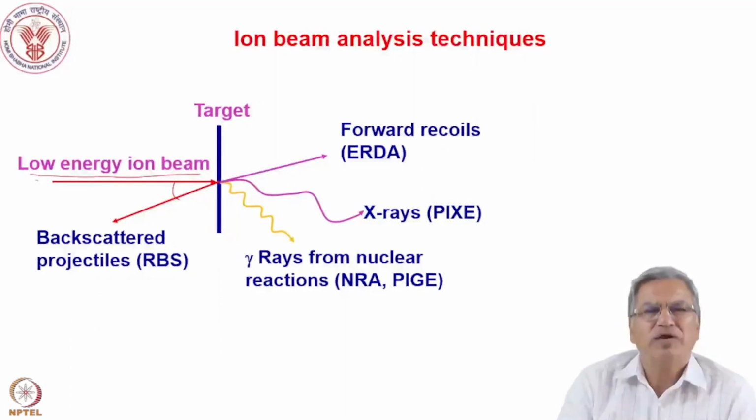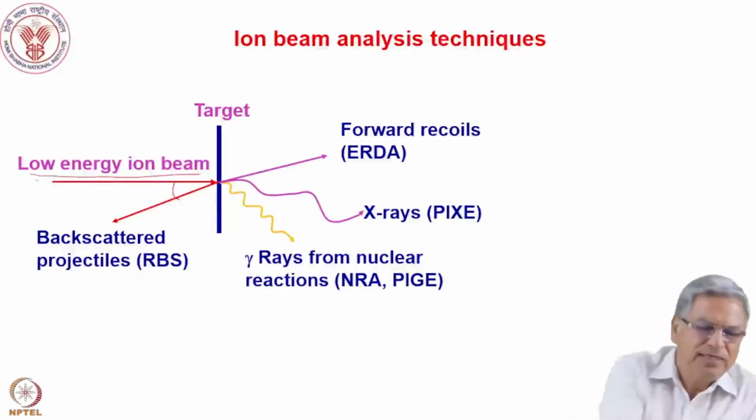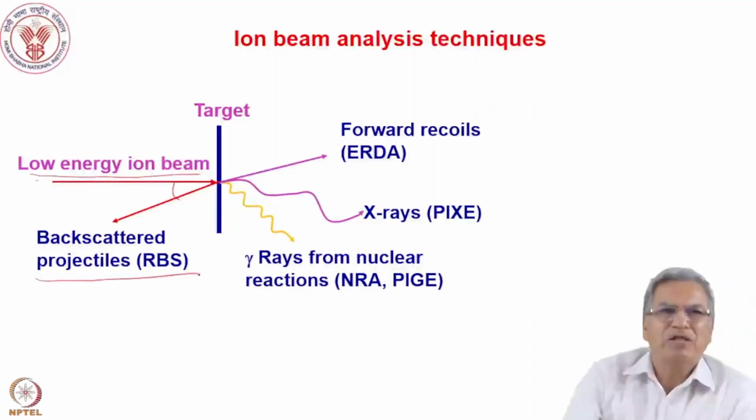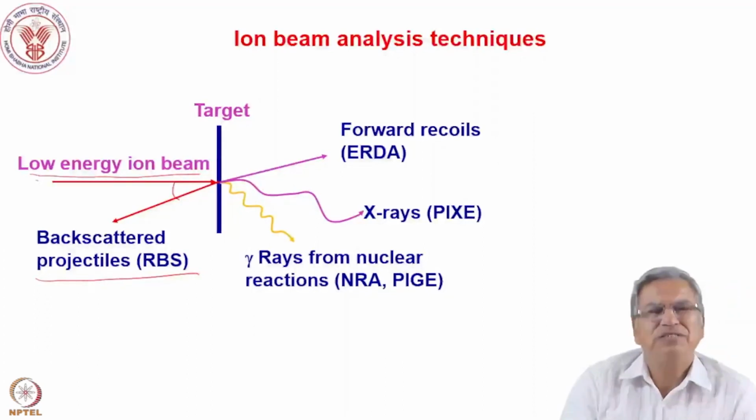Therefore we can identify the elements or isotopes present in the target, and later even find out their concentrations and depth profile. So this is RBS, Rutherford backscattering spectrometry, a very well-known ion beam analysis technique in material characterization.